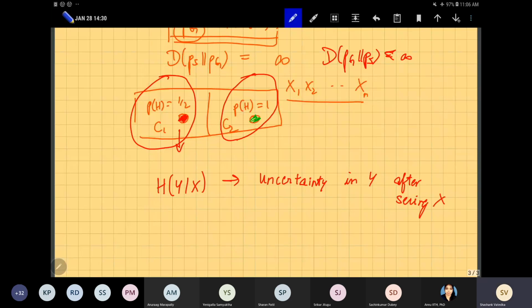Or maybe just to keep notation a little more consistent, let me say H of x given y is the amount of randomness that is still left in x after seeing y, correct?